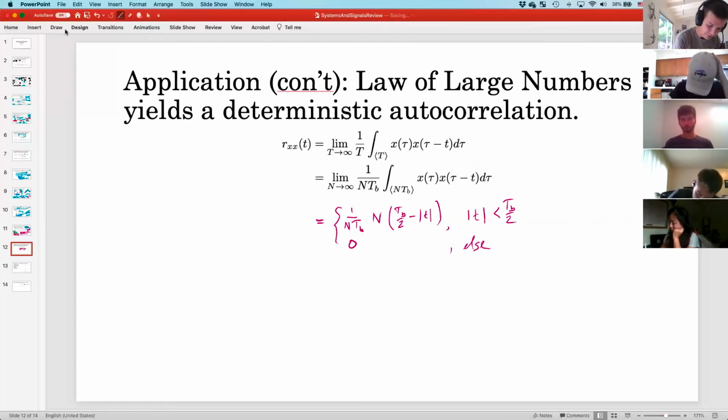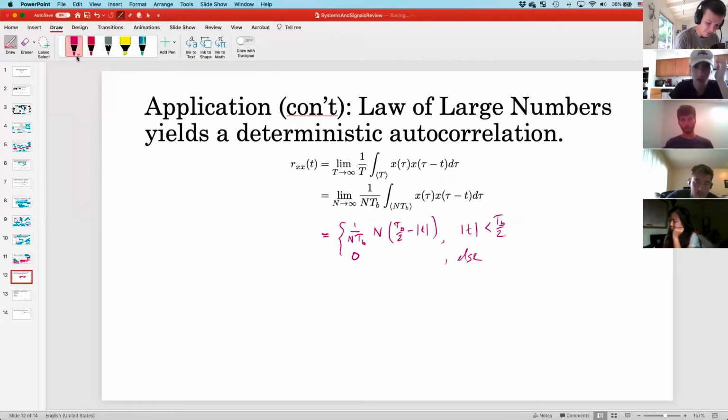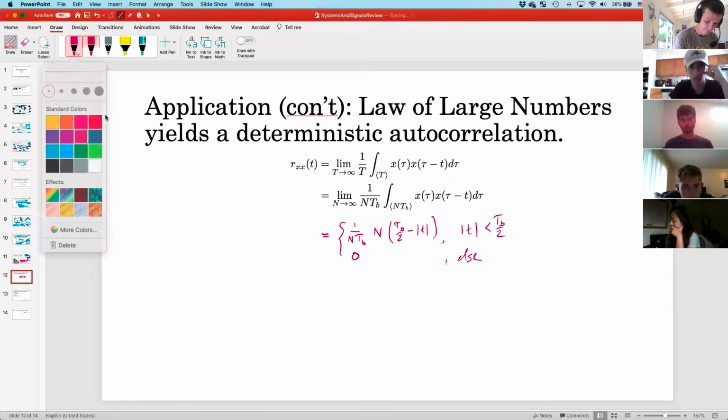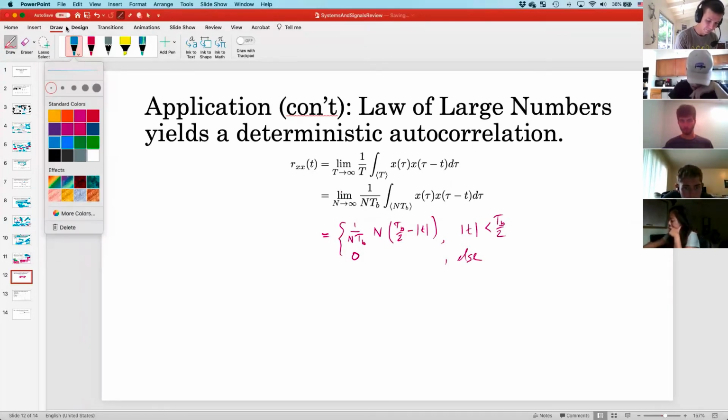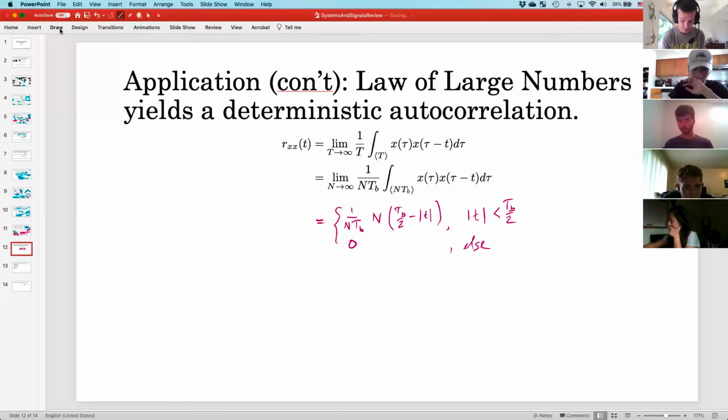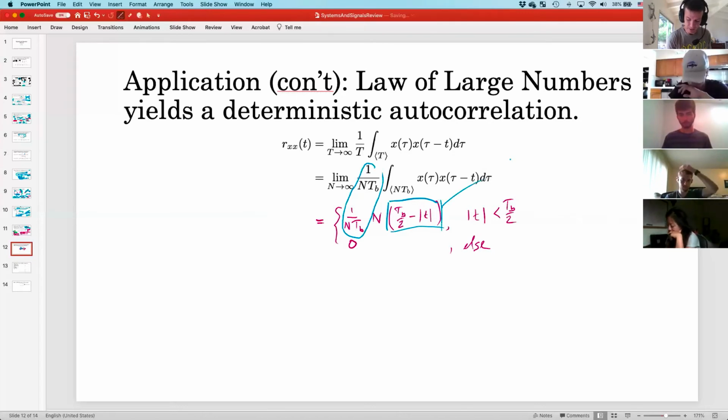So let's make sure we understand where every one of these terms came from. The first one's easy. It's right here. And the last one's easy because it's what we had on the previous slide. This was the area per bit period.